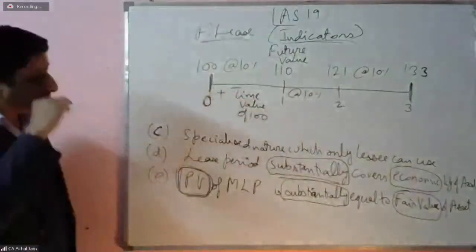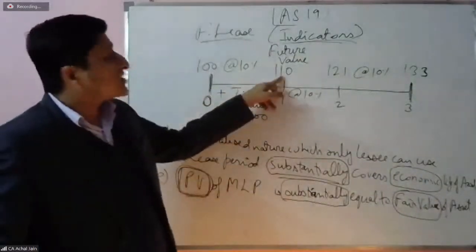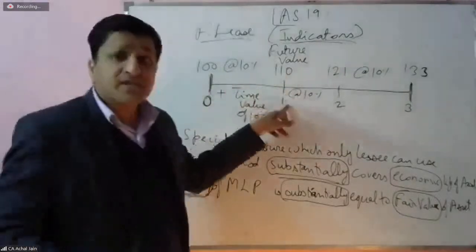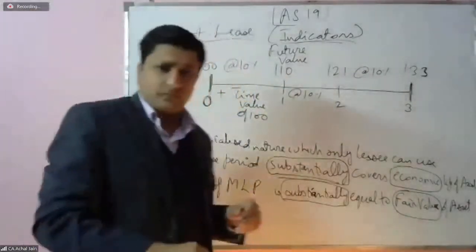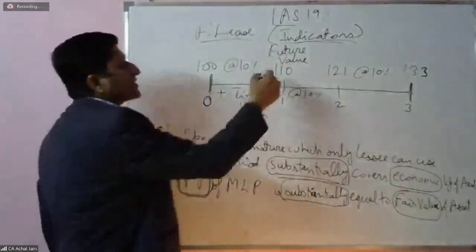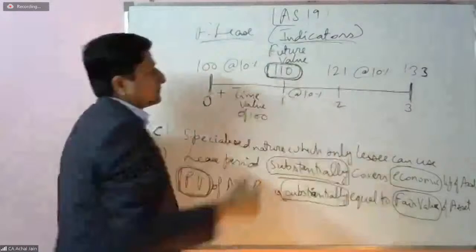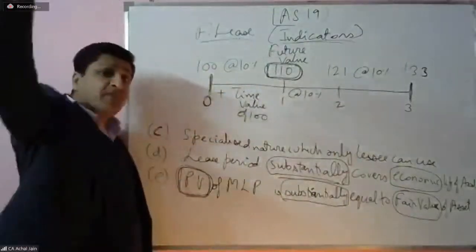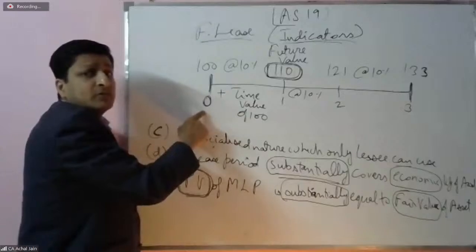Correct? If we have to check that for this 110, which exists after 1 year, what is going to be its current value? For this 110, which is after 1 year, what is going to be its present value, current value?